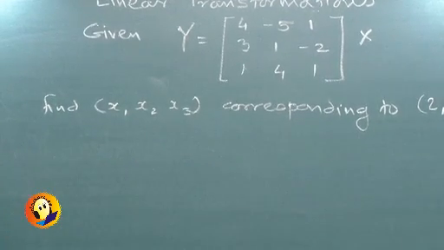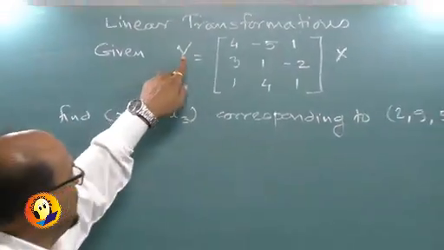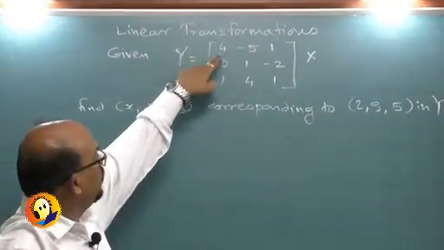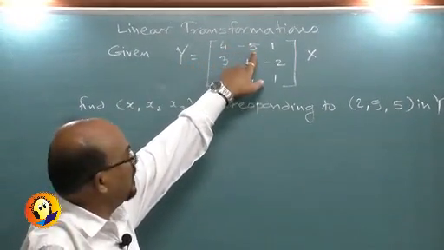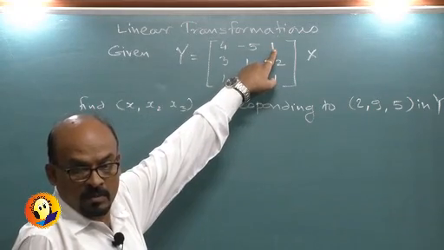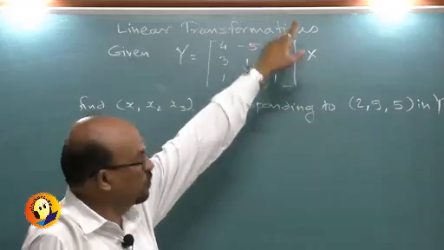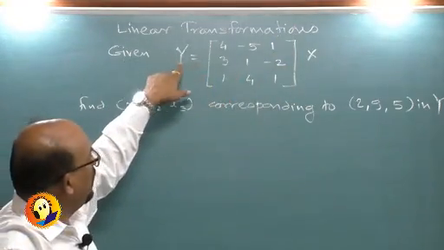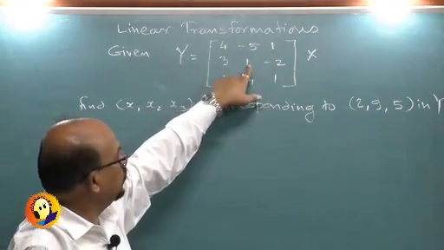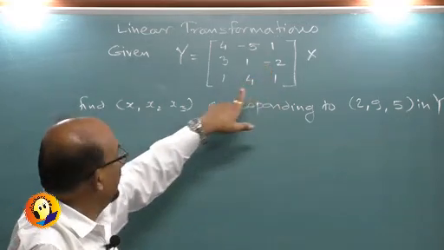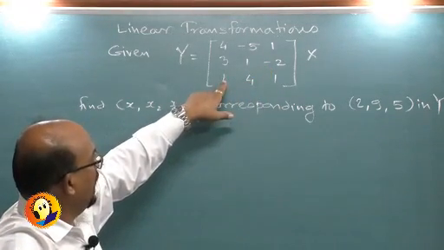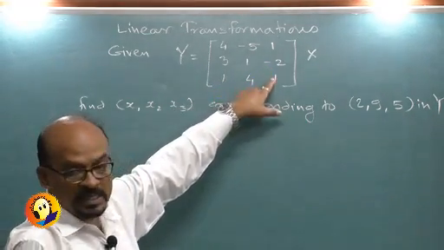What is the given relation? First of all, it is given as y1 is equal to 4x1 minus 5x2 plus x3. Is that right? Or is it the other way around? No, it is first row, first column. y2 will be equal to 3x1 plus x2 minus 2x3, and y3 is equal to x1 plus 4x2 plus x3.